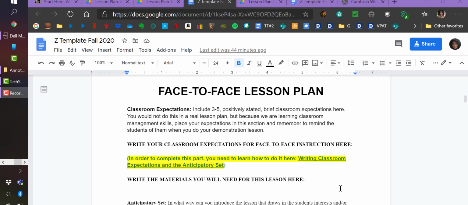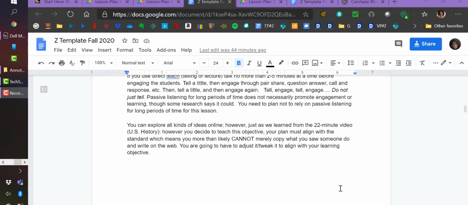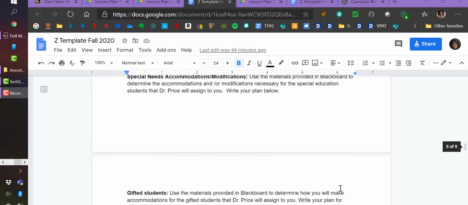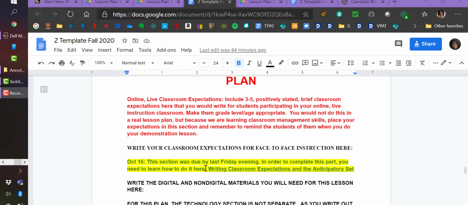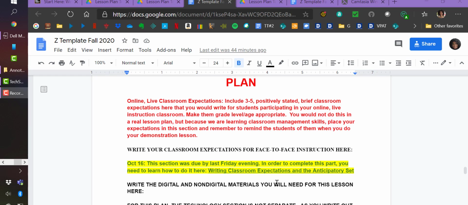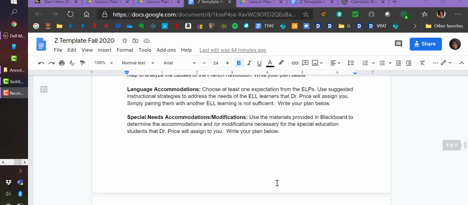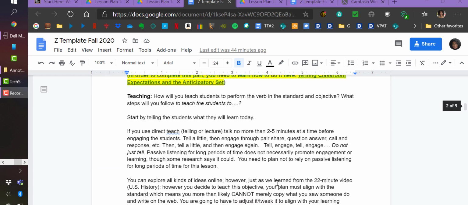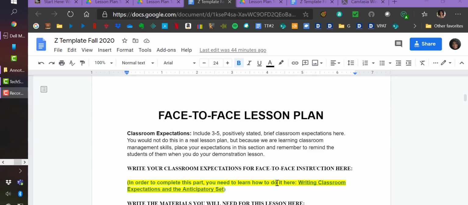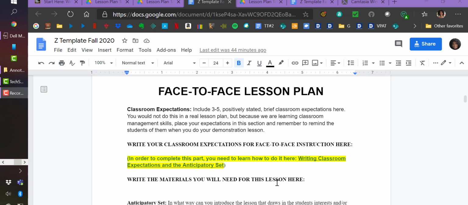So once we work out our expectations here on this template, we're going to scroll on down to the next template that says online live instruction lesson plan, and we will add our classroom expectations here because, as you know, those classroom expectations will be altered a little bit because of the scenario and because of the setting and because of the context.